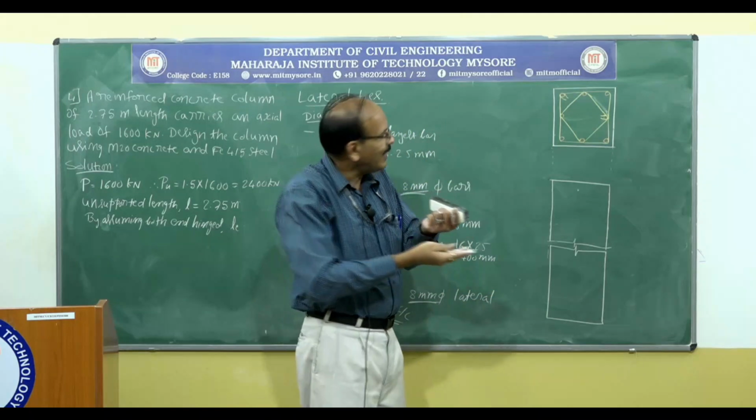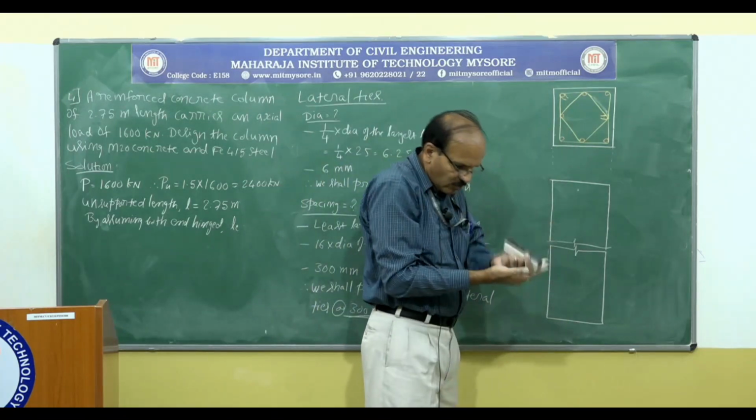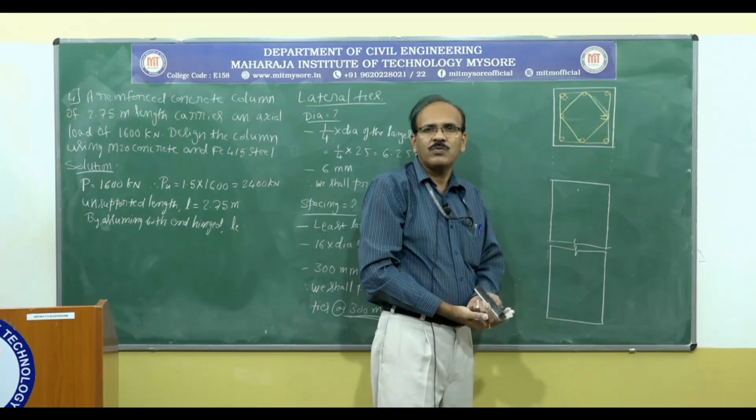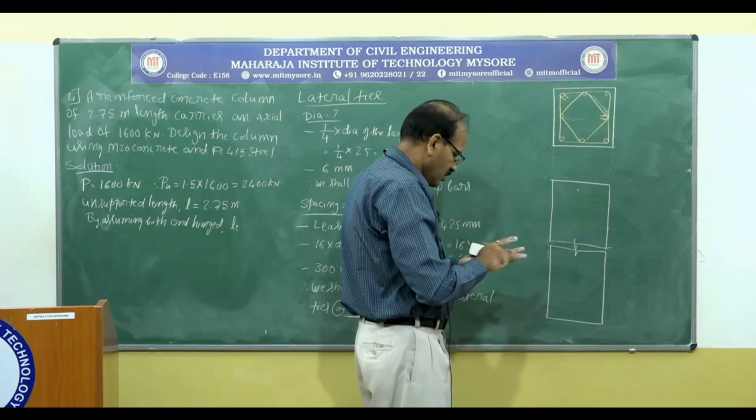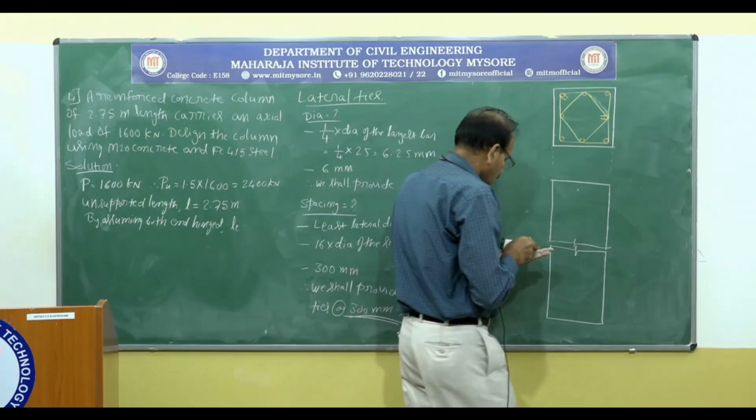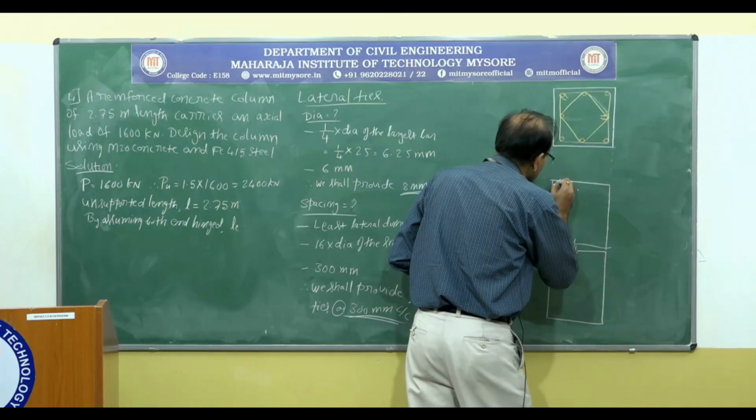Just one lateral tie like this. Just above that, you can provide one more. So these are the main bars.